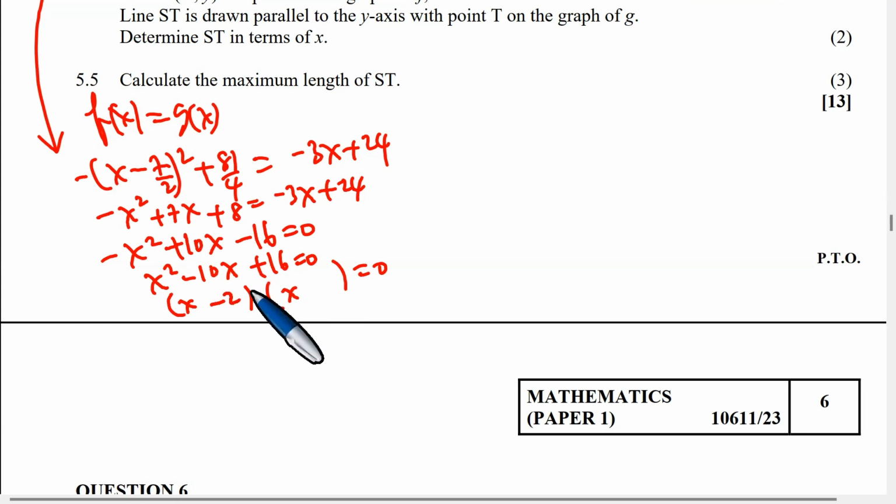So it's minus 2 and minus 8. x equals 2 or 8, which means therefore x at the point D is either 2 or 8.